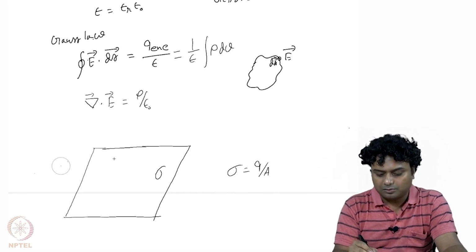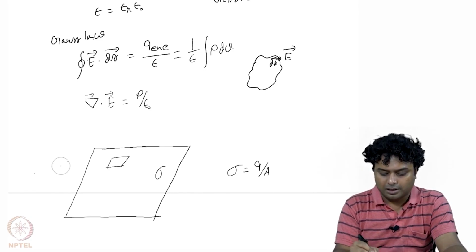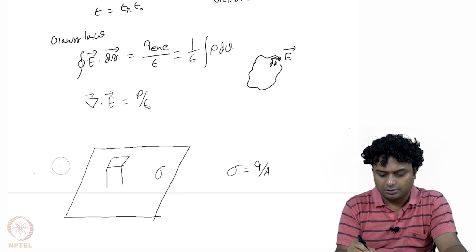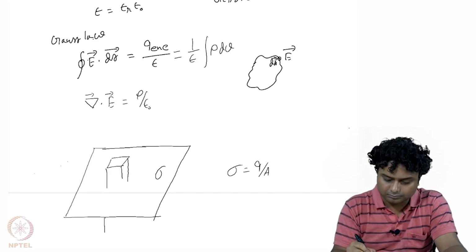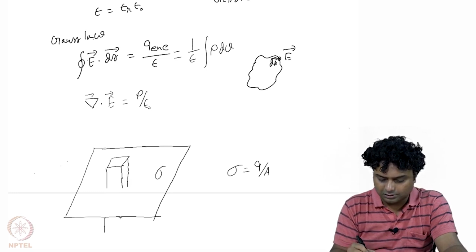So what is a Gaussian pillbox? A Gaussian pillbox is this kind of parallelepiped you can assume, and this is going, let us say, into the surface and then coming out of the surface. Okay.